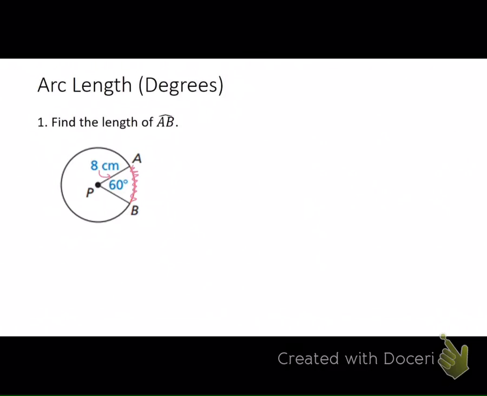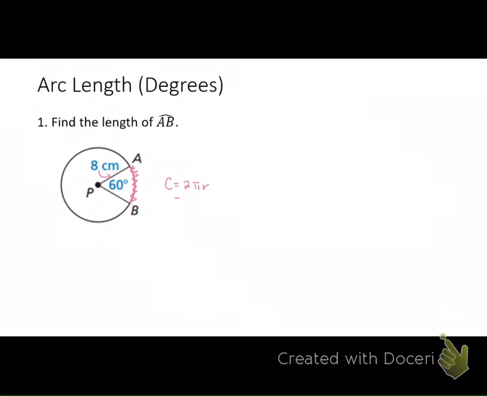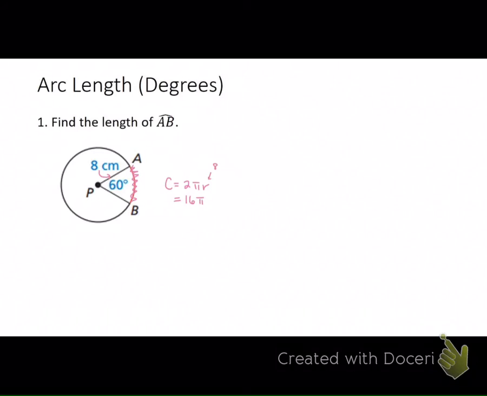I'm not asking you for a measure, I'm asking you for a length. How do I find the circumference? Yes. So we know circumference is 2 pi r, right? So that's 16 pi because our radius is 8. Do you guys understand why that's the circumference? Are we okay there?